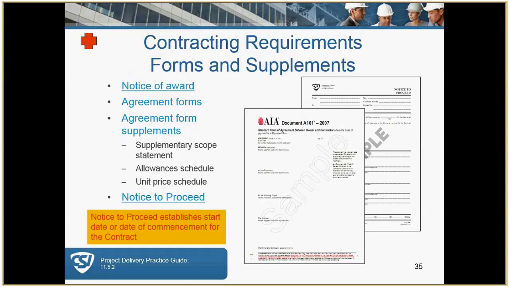Because these are standard documents, you can simply reference them. If you're working on any decent sized project, a contractor will understand what an A201 document is, so putting that reference in, saying that's what you're going to use as your general conditions, is also acceptable. But we will go over the specifics of these forms in a later session.